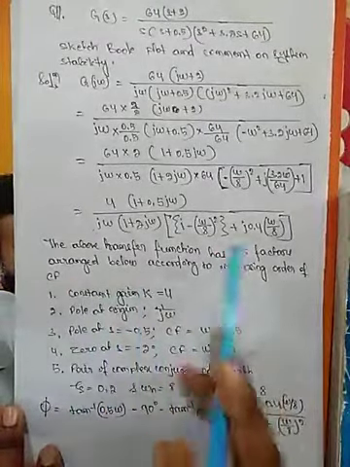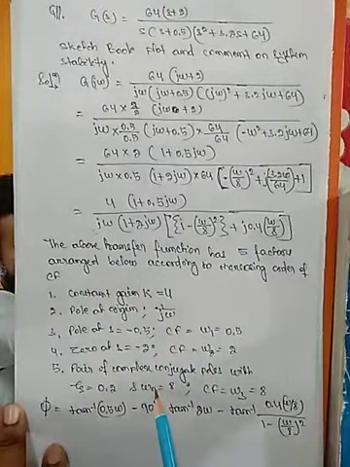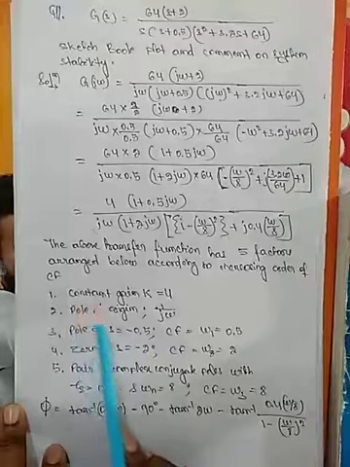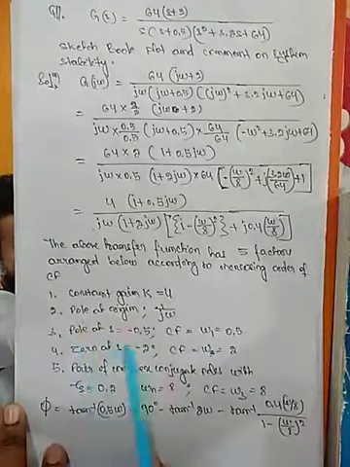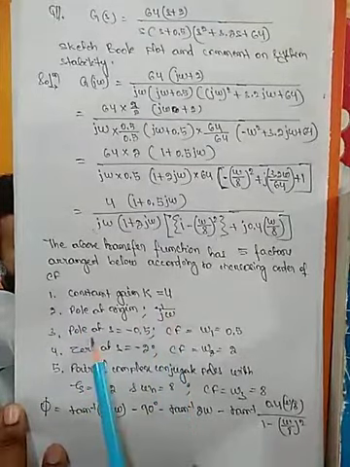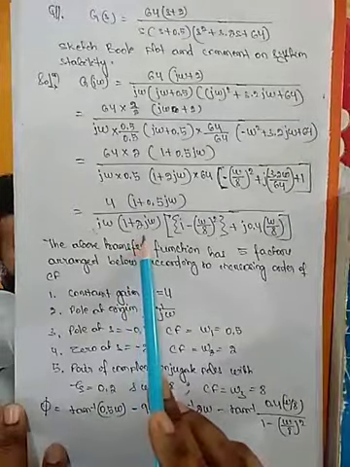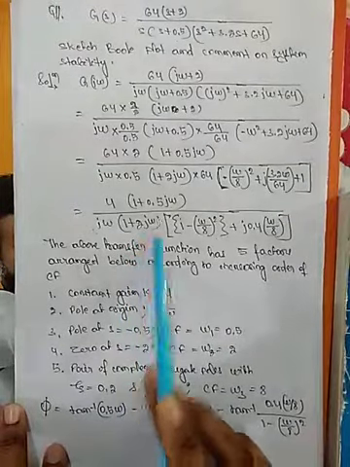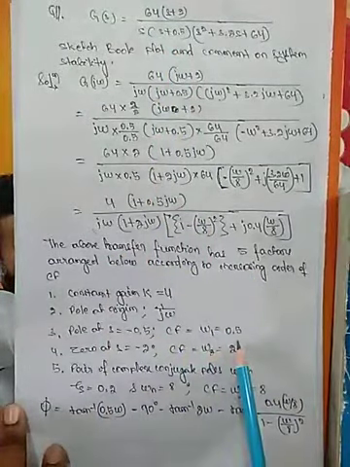So I arranged all these factors in the increasing order of corner frequency. Constant gain 4 and pole at origin have no corner frequency. Then pole at 0.5, corner frequency is 0.5.